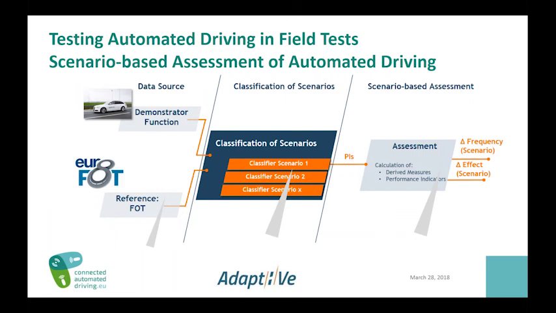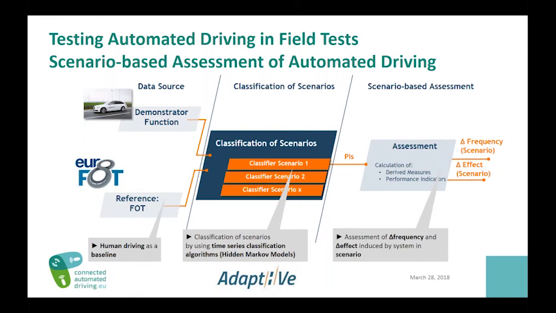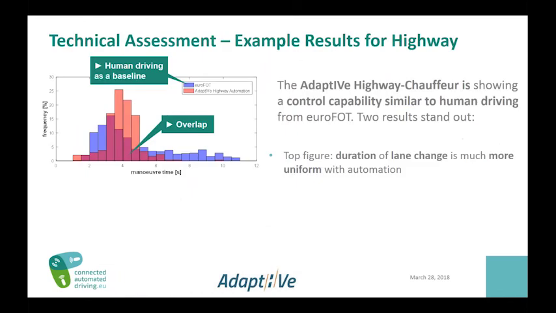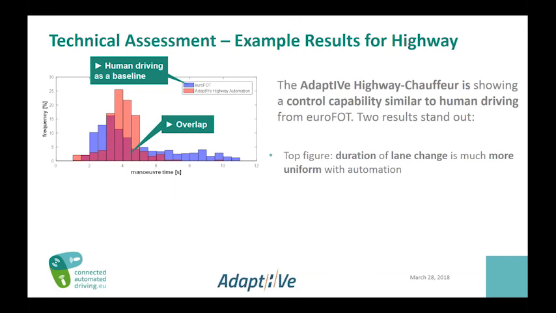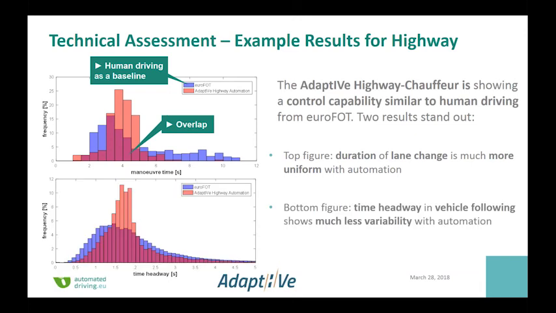Then we had the classification of the scenarios, which we solved by machine learning algorithms. And then we have the scenario-based assessment on the right side, where you see a change of frequency of the scenarios, and of course a change of effect within the scenarios. And if you bring that together, you can calculate the impact assessment.